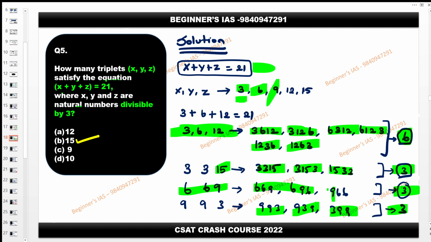If you are taking 15, then also it is there. So therefore, to avoid double counting, we have to stop here itself. Clear? Why should we not take 12 in the first one? Since repetition is not allowed. Double counting, to avoid the double counting, you have to stop it.